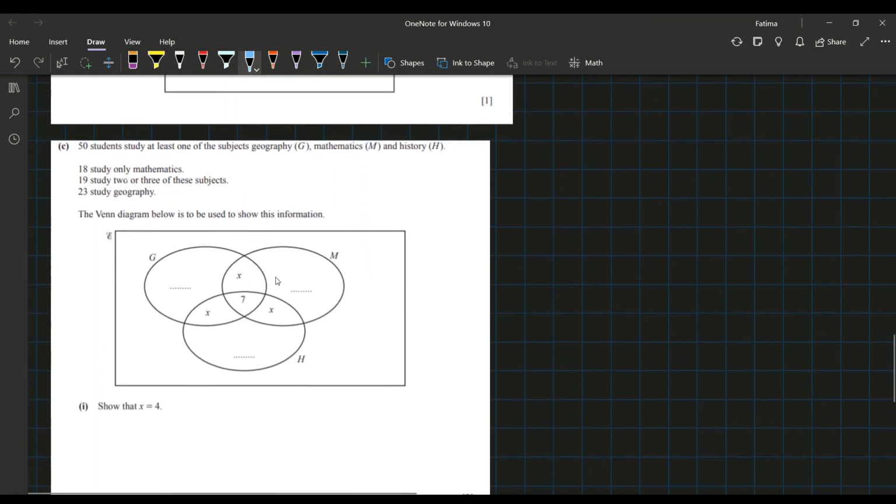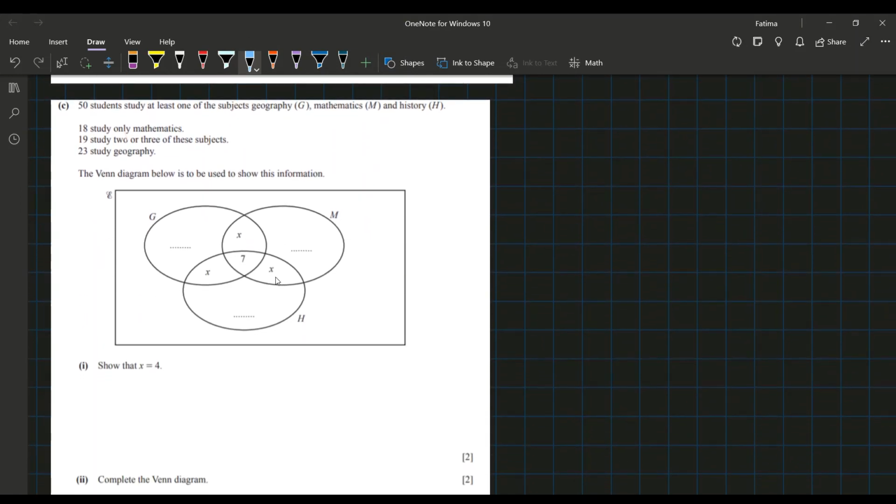Now moving on to part C, we're told that 50 students study at least one of these subjects, which are denoted by G, M, and H. That means all 50 students would be represented in G union M union H, which is equal to 50.